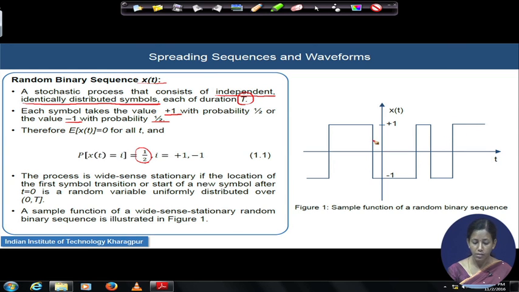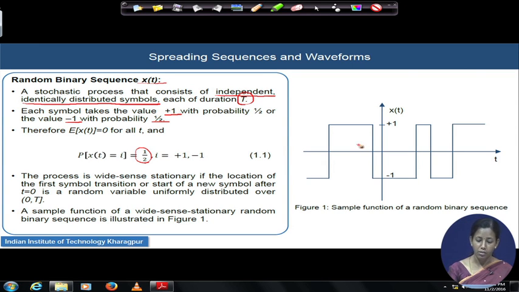Each symbol of +1 or -1 has a duration equal to capital T. As the probability of occurrence is half and the values are either +1 or -1, on average over time the expected value or mean value of x(t) is equal to 0.